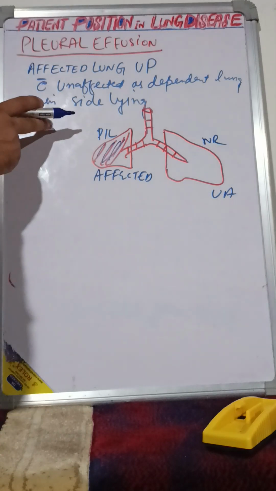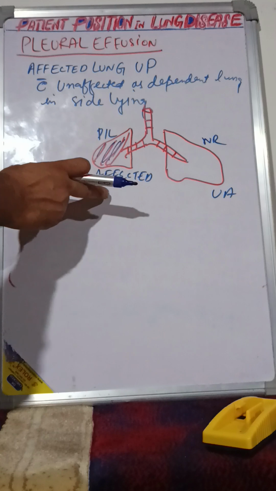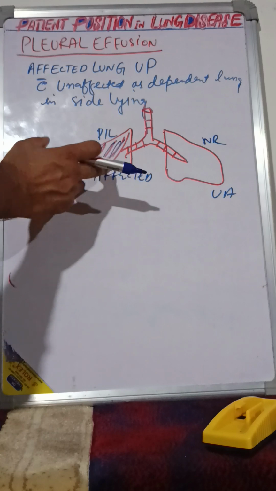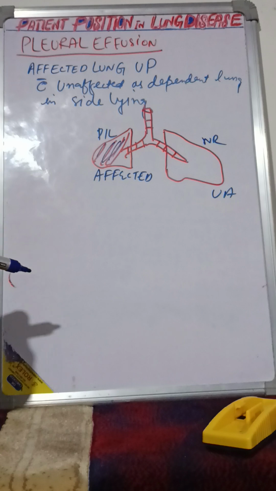For example, if the patient is having pleural effusion, we will keep the affected side lung up, and the unaffected lung will become dependent. This is the position in pleural effusion.